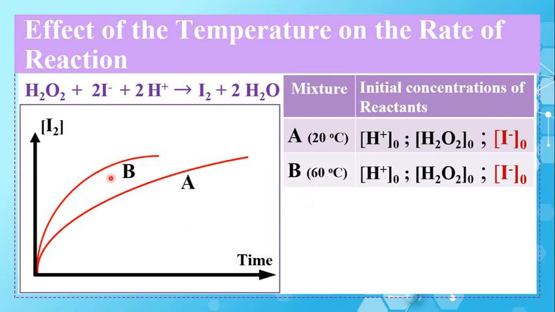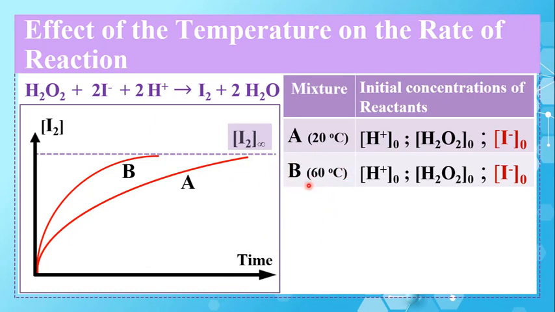But for both curves, the maximum concentration of I2 is the same, but it is reached in mixture B before mixture A, because the temperature in B is higher.